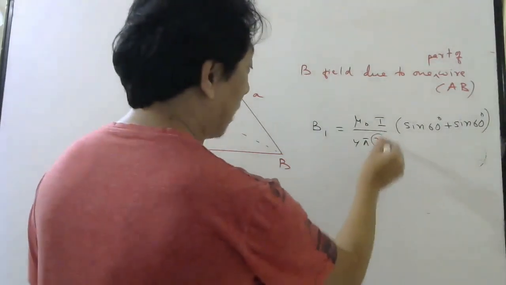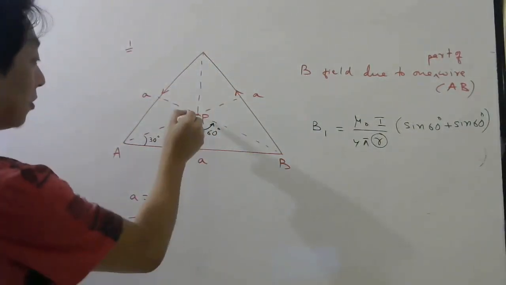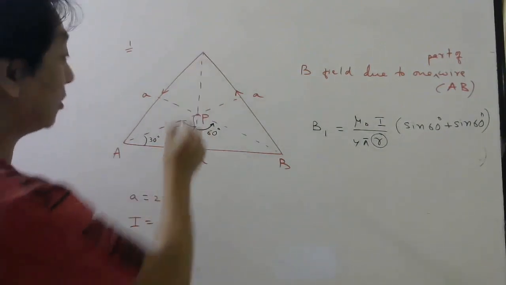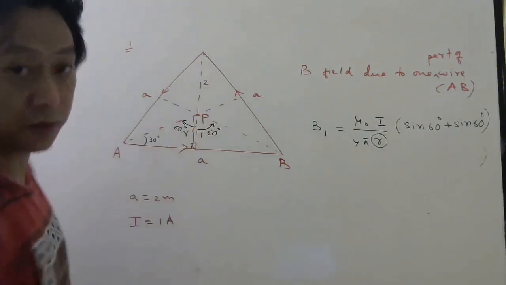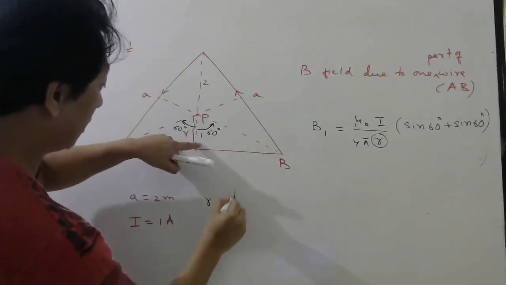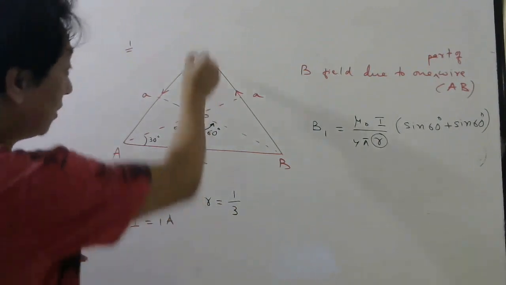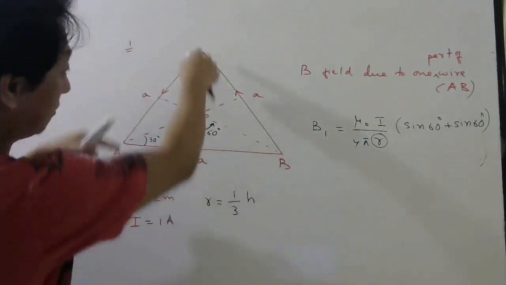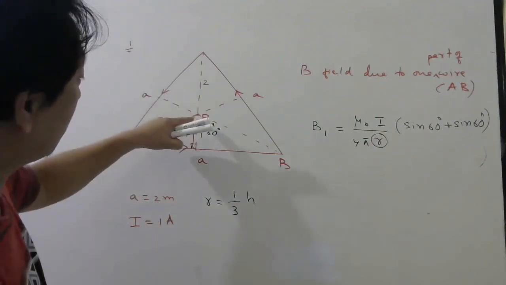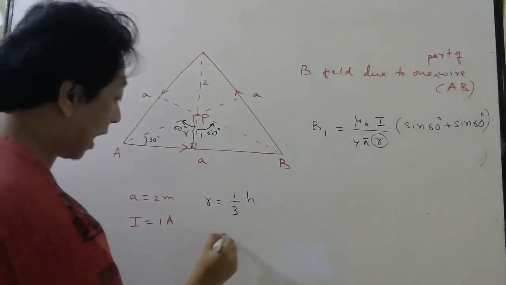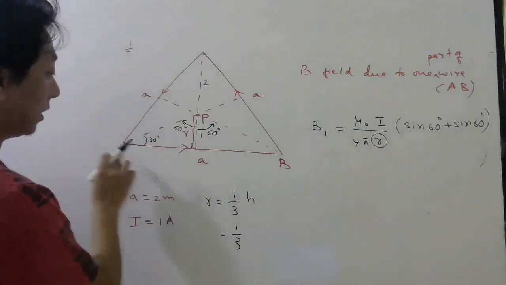Now R we need to calculate. This is centroid. You should know that centroid divides the median in the ratio 2:1. So R should be one third of this height, because the centroid divides the median in the ratio 2:1. So how to find this height in terms of A?